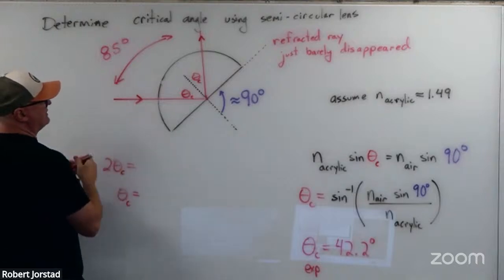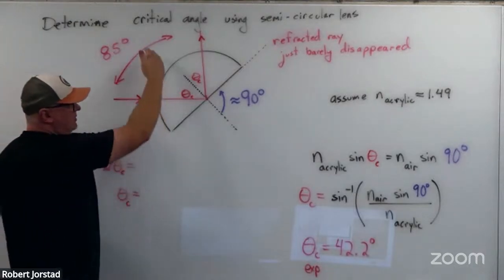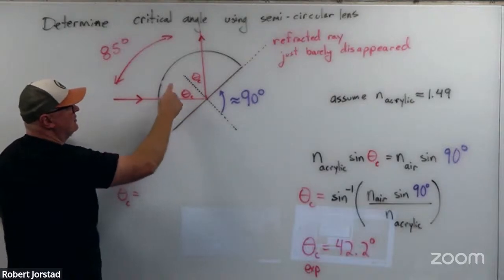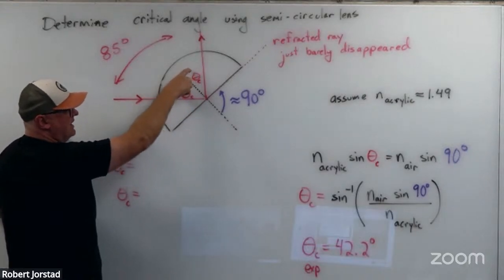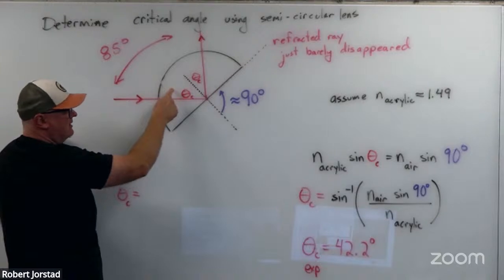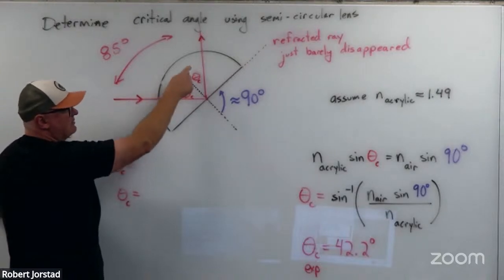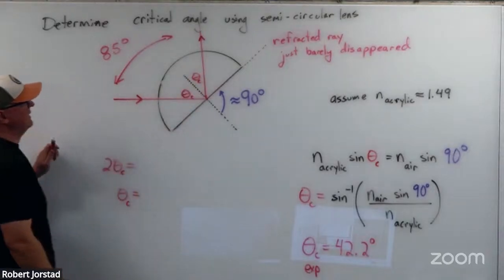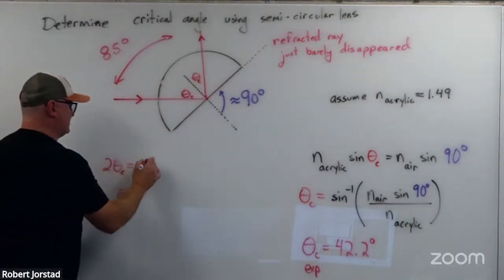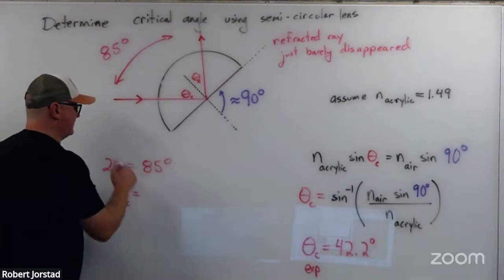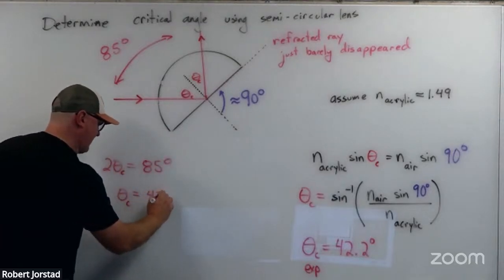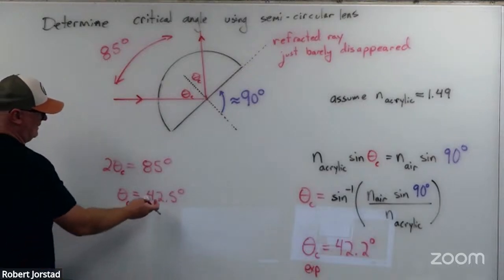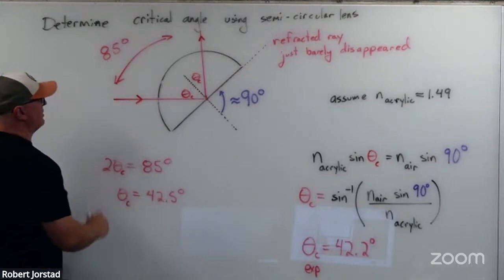Notice I drew in the normal to the surface here at the semicircular lens, and so 2 times this angle, because angle of incidence equals angle of reflection, these 2 angles should be equal because it's reflected there. So 2 times theta is 85, so then what is that, about 42.5 if I divide that in 2. Make sure I didn't screw that up, 42 times 2 is 84, yep, okay, good.